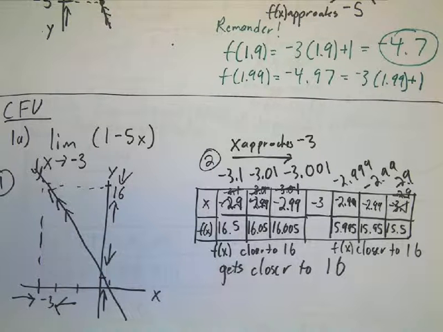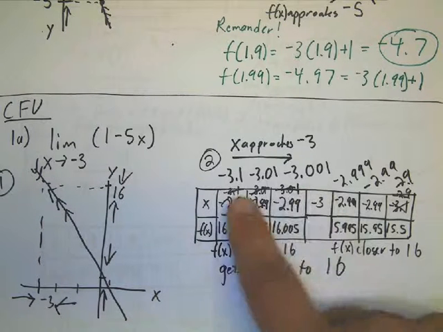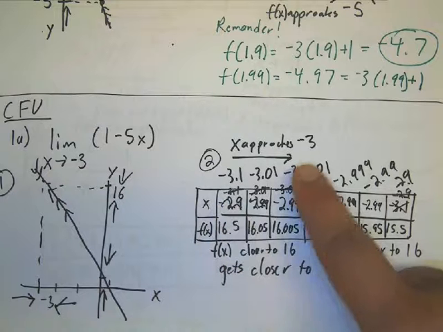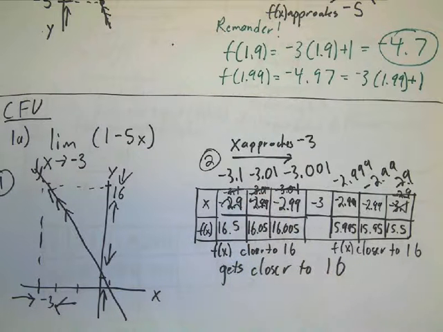The one thing I wanted you to watch out for was to be careful, because this is -3.1. Some people put -2.99, but that would not be to the left of it. That goes on the other side, right? Ignore this stuff right here. So, right here, when I plug in -3.1, I get 16.5, and -3.01 gives 16.05.